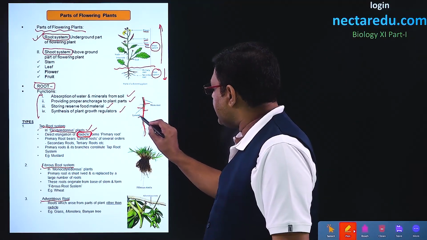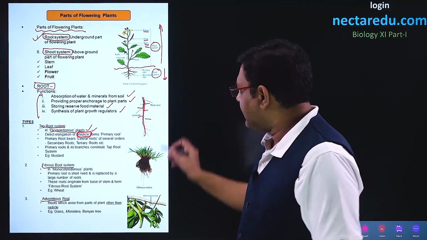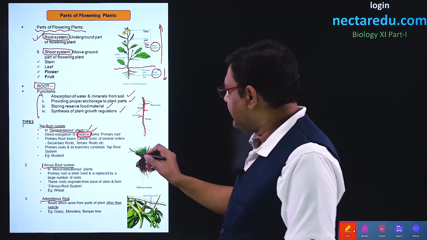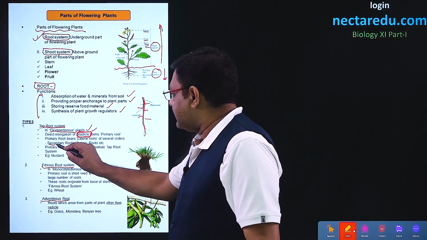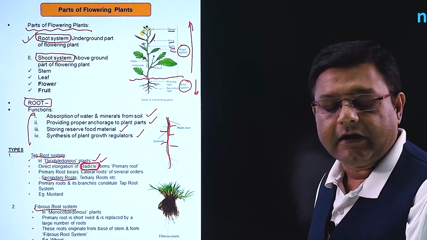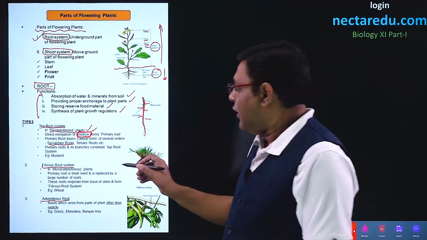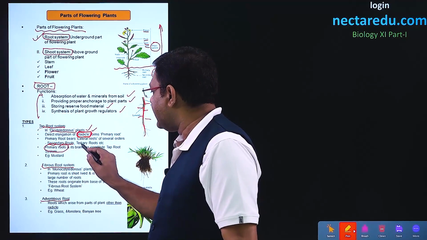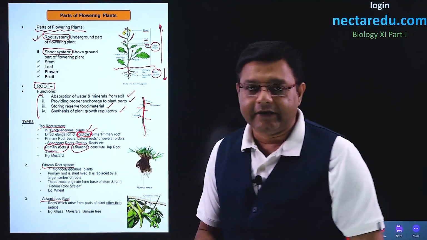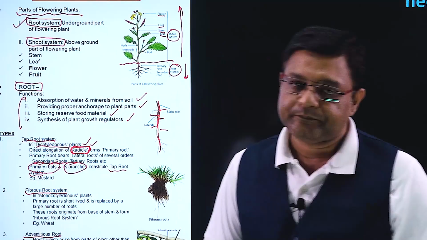Whatever branches come out are called the lateral roots. The first branch that comes out will be called the secondary root. The branch which comes out of the secondary root will be the tertiary root and so on, and this whole system of the primary root as well as its branches, all the lateral roots, constitutes the tap root system.